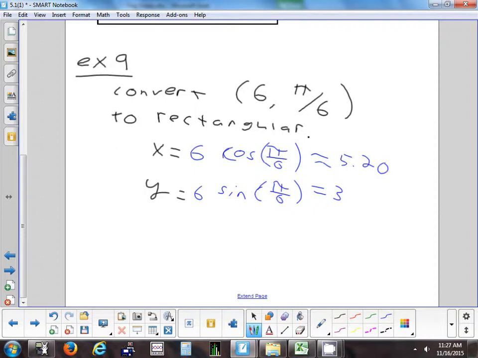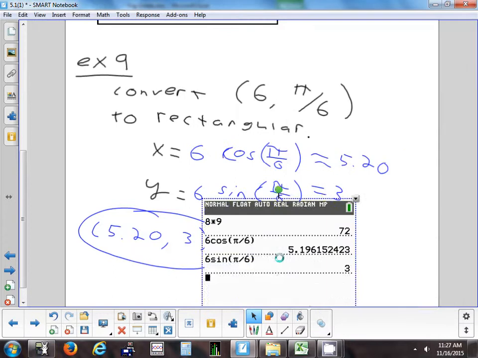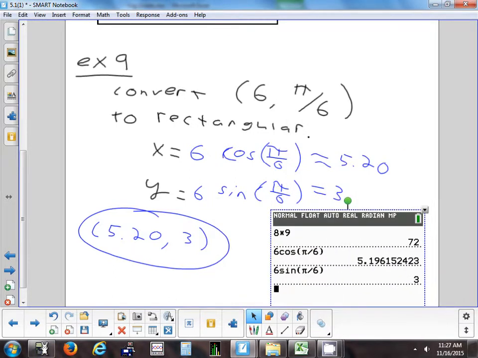So I've got x, I've got y. What's my final step? Put it as a coordinate. 5.20, 3. Any questions on that? That's how you type it in, just like that.